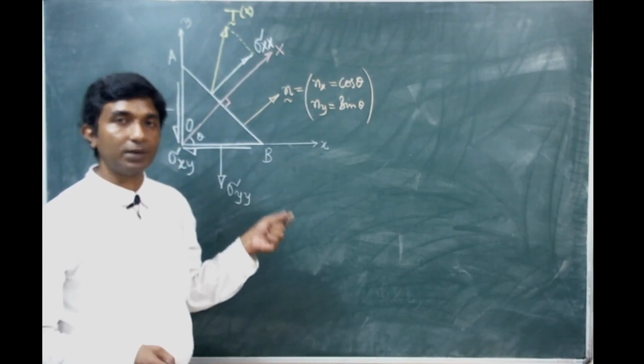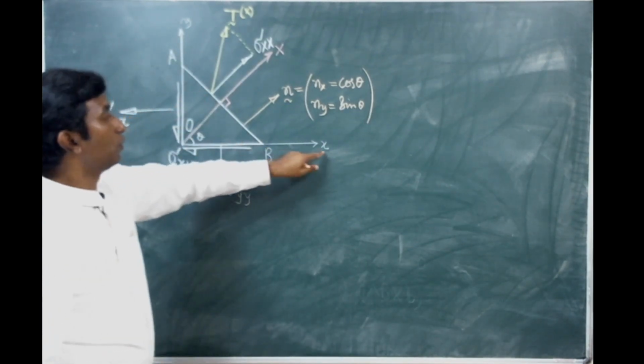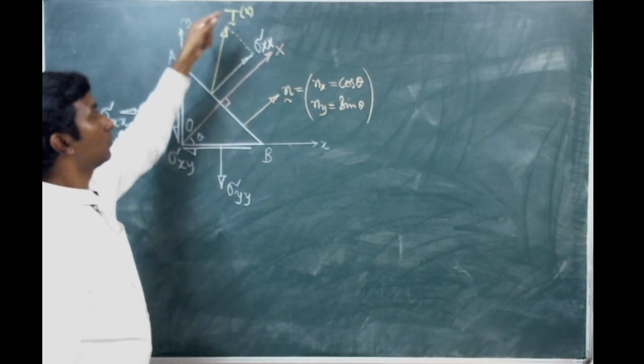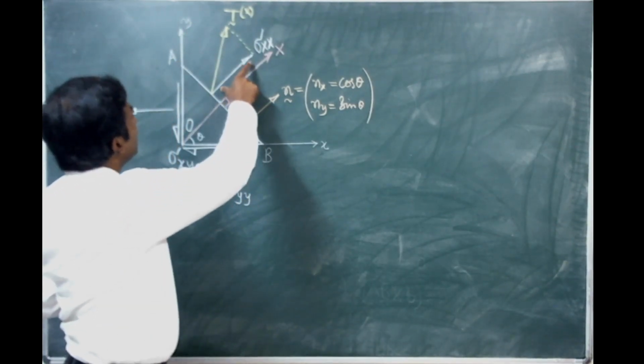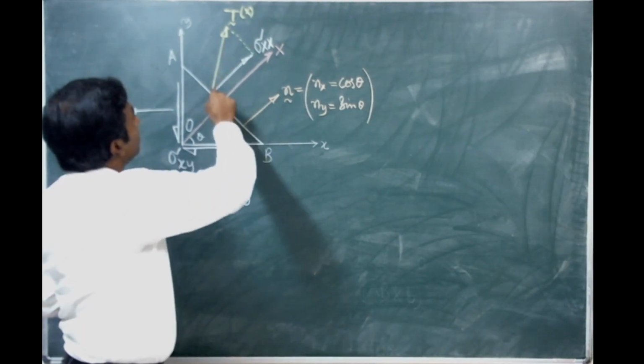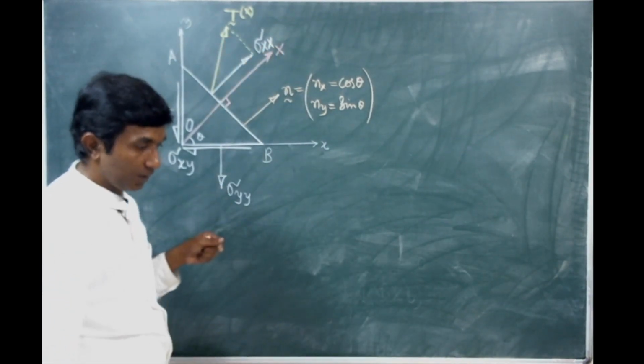Earlier we have seen that this surface traction T was resolved with respect to the small xy system, that means the Cartesian components. Now, there are alternatives. One choice is to resolve this T along the capital X direction.